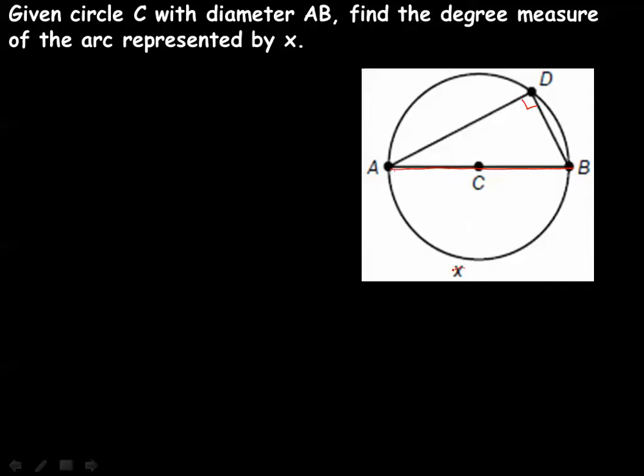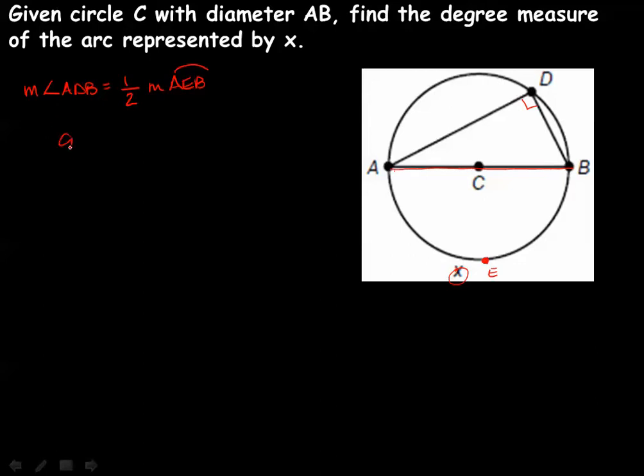So if I want to find the measure of x, remember that, let's look here, I don't have another point there, so I'm going to come in and add point E. So I know that the measure of angle ADB is going to equal half the measure of the arc AEB. Remember, I named major arcs with 3 letters.